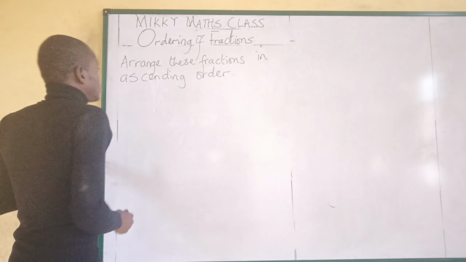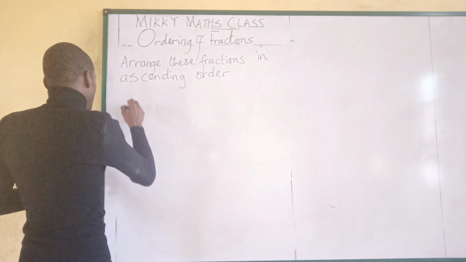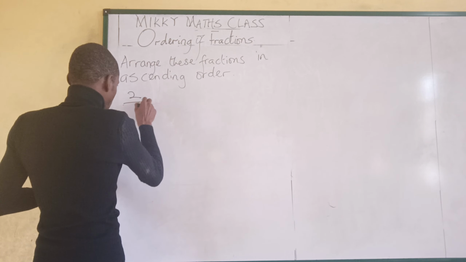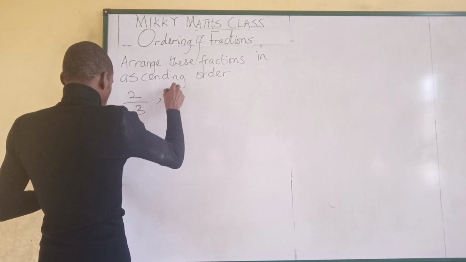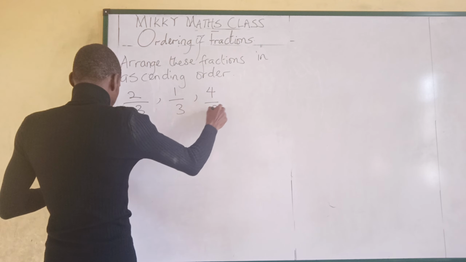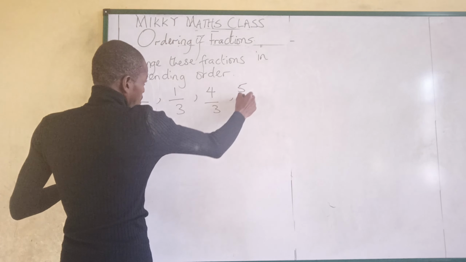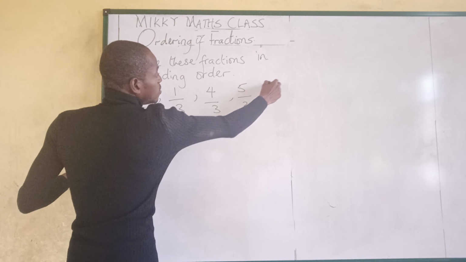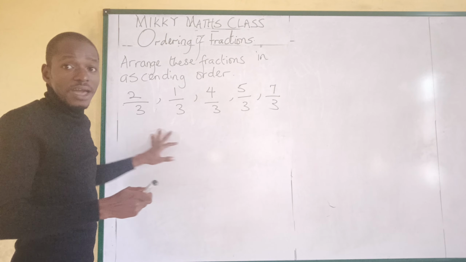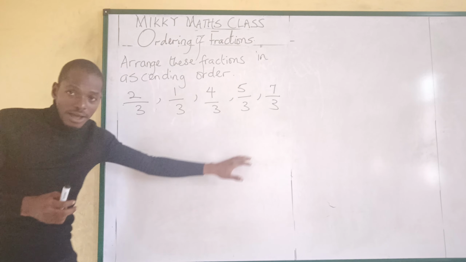Okay, we will have 2 over 3, 1 over 3, 4 over 3, 5 over 3, then 7 over 3. We could be asked to arrange these fractions in ascending order.